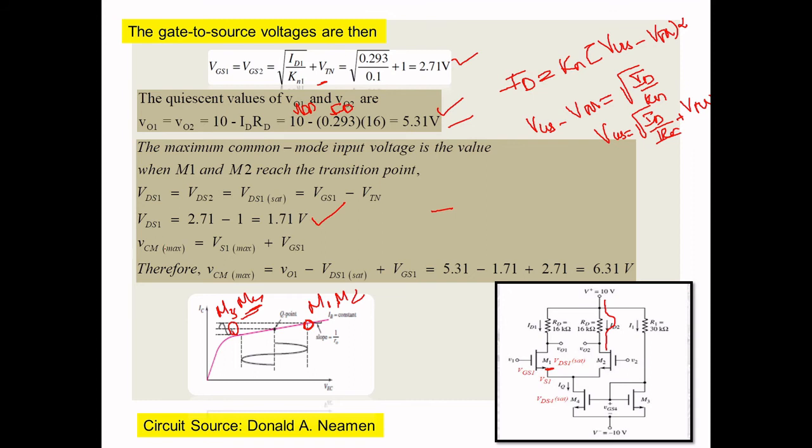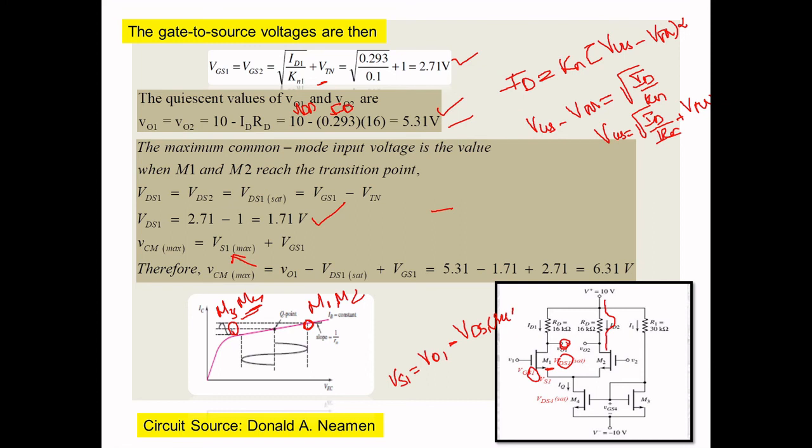Now I want to find the common mode maximum point with respect to M1 and M2. When you apply the KVL, you get this point V01, VDS1, this VGS1. So VS1 is nothing but V01 minus VDS1 saturation.